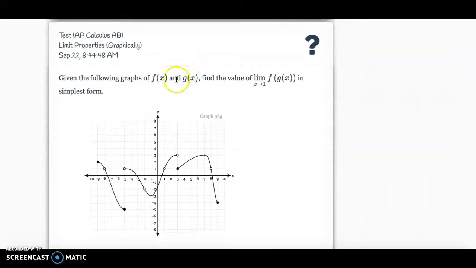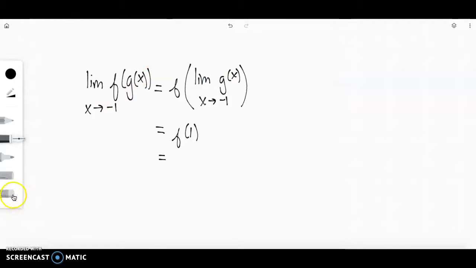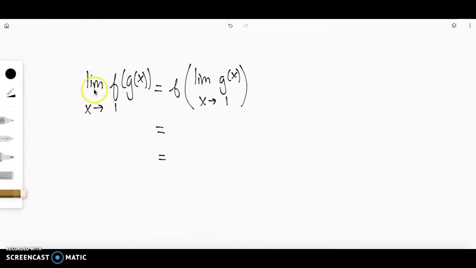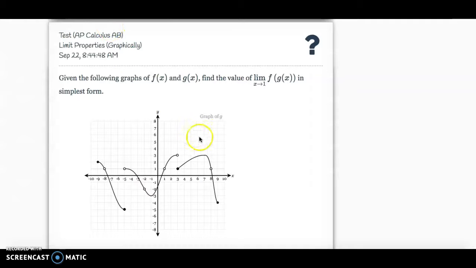It's going to be a similar format, but this time we're just approaching 1. So it's still the same setup. The limit of f of g of x as x approaches 1 is really the same as f of that limit. So I'm going to find the limit of g of x as x approaches 1.